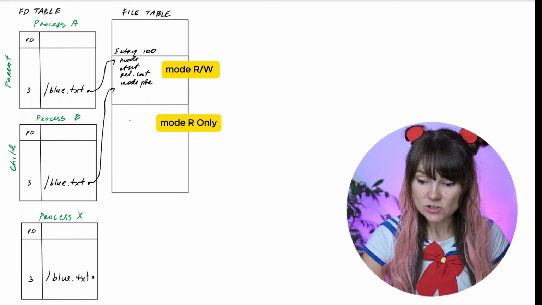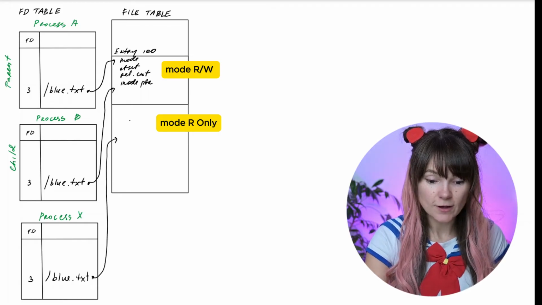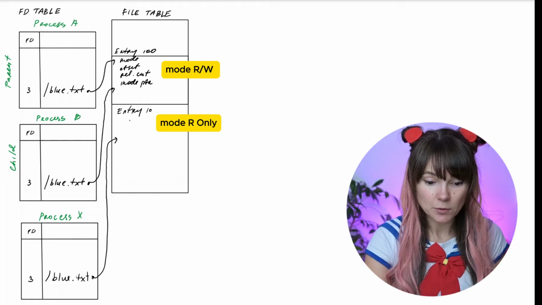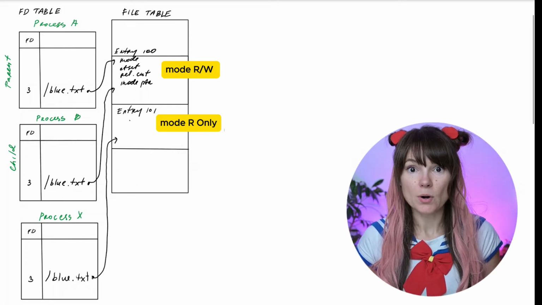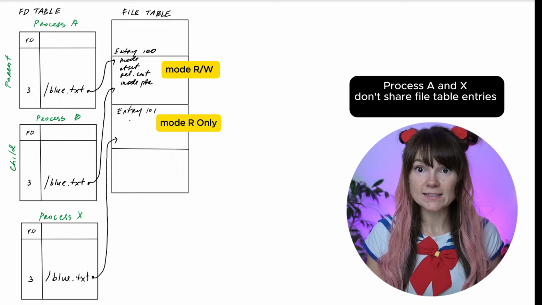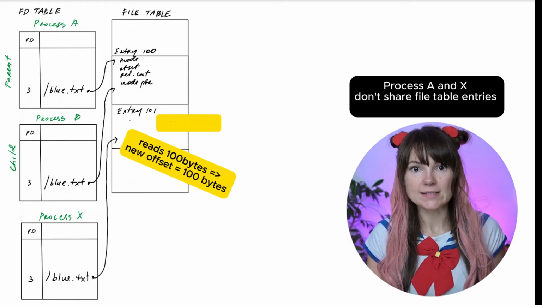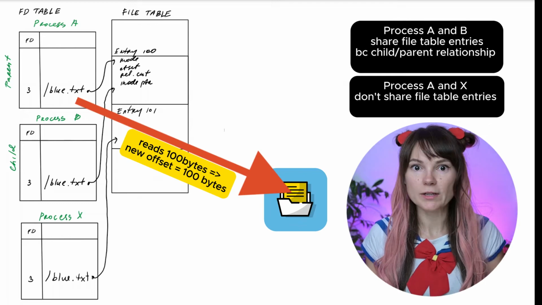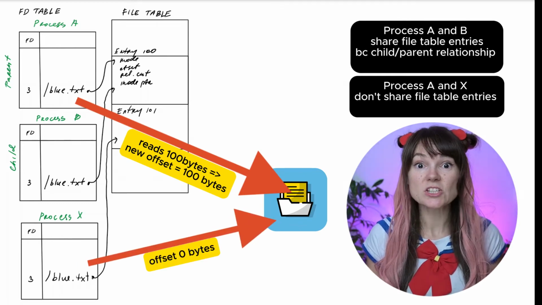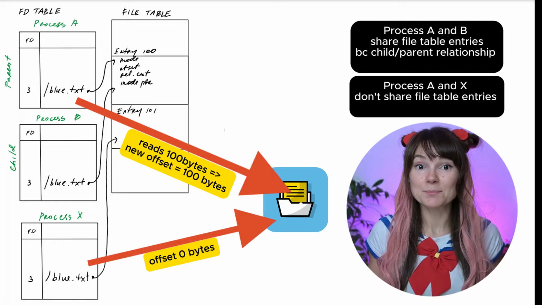In this case, each process has a unique file descriptor pointing to a different entry in the file table. Right, process A and X have independent file offsets and access modes. For example, if process A reads 100 bytes, it won't affect process X's read position in the file. Both processes manage their own state for the file independently.